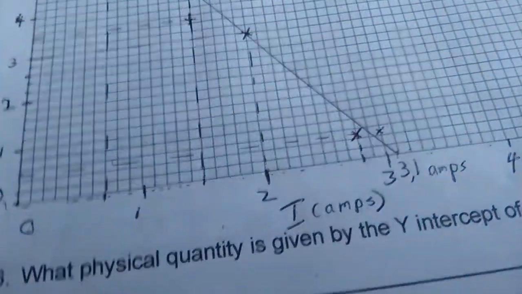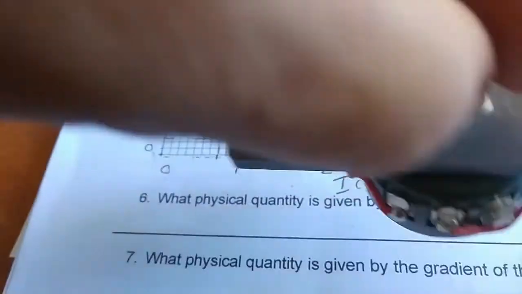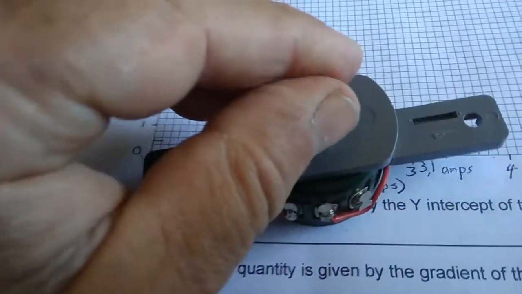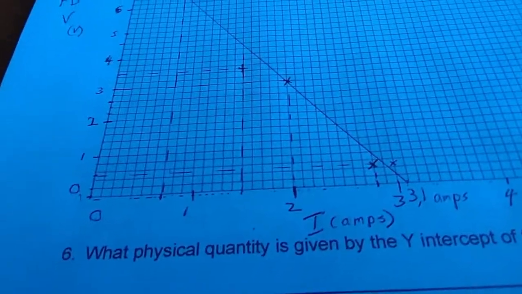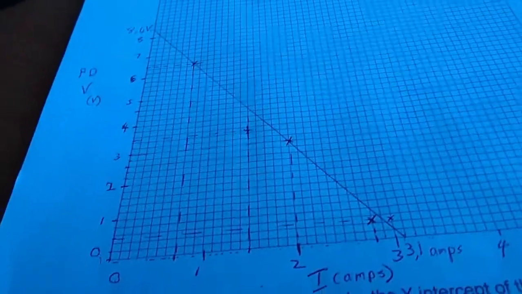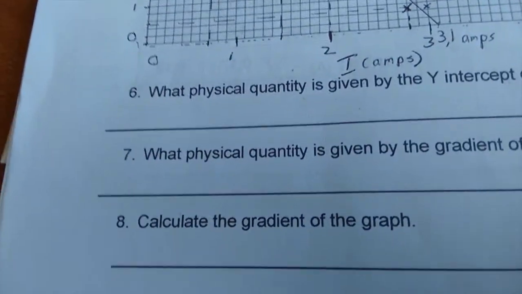So we've got 8.4 volts maximum, 3.1 amps maximum, and that is when our external resistor was turned all the way to one side, and that meant that it had 0 resistance. So there is our plot, and then we've got to answer the questions that are on the graph.